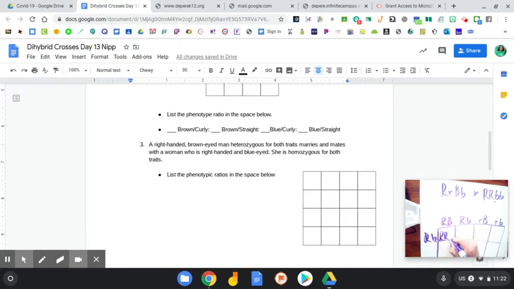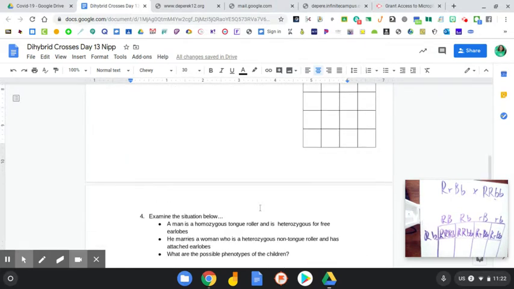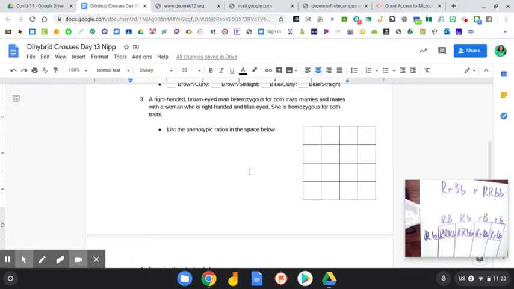And if I combine this, it would look like that. Then if I answer the questions, was there a question? Oh, list the phenotypic ratio in the space below.